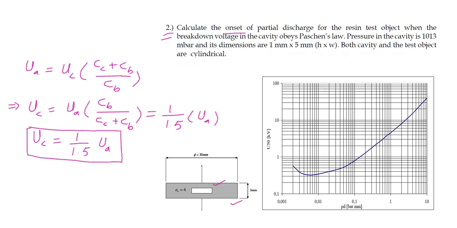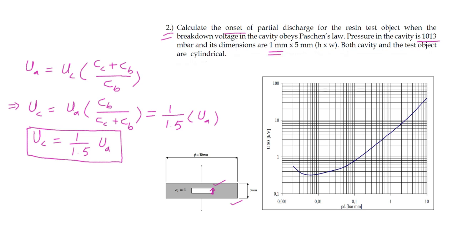Based on the calculated results from the previous example, we can find these values. From the graph, our cavity is lying at 1.013 bar, and the gap spacing between the electrodes is 1 millimeter.